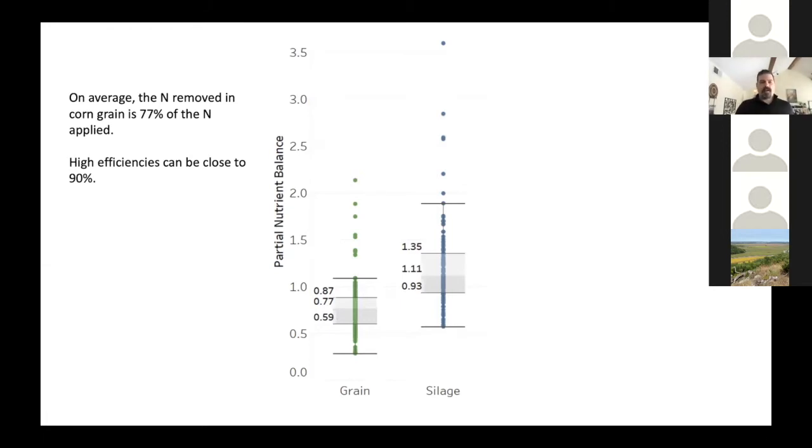It's not saying that this is the amount that was taken up, but on average, we have this input, and roughly 77% of that equivalent is removed. Ideally we like this number to be above 90%, and we're seeing about 25% of the farms in Wisconsin achieving close to that or greater.